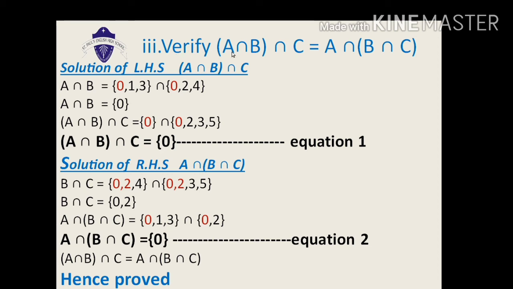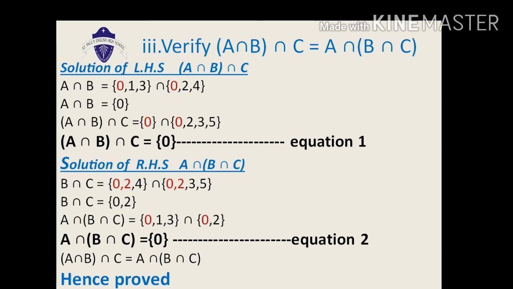The left hand side of this statement is this one, and the right hand side is this one. After complete solution of the left hand side and the right hand side, the answers should be equal. If the answers of both sides are not coming equal, it means in your question you should have some mistakes.